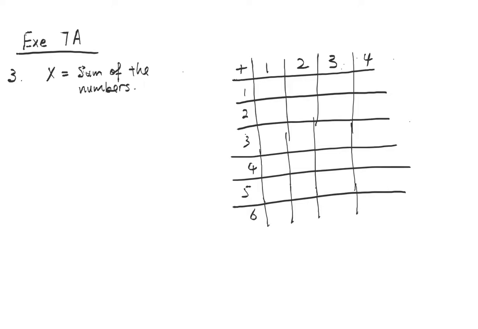Okay, I'm going to teach you how to build the probability distribution table based on a different method. I put it into a table. This is spinner 1, this is spinner 2. So sum: 1 plus 1, 2, 3. Can you fill up the table by yourself now?